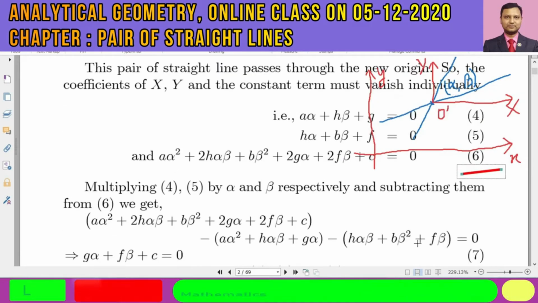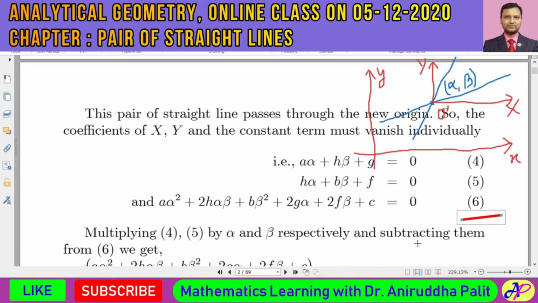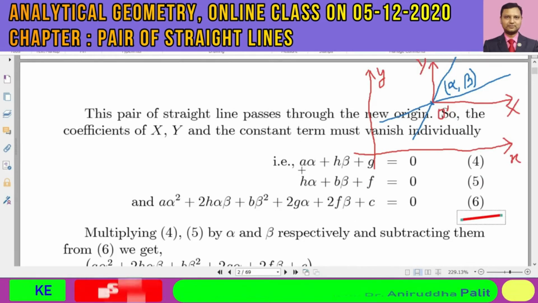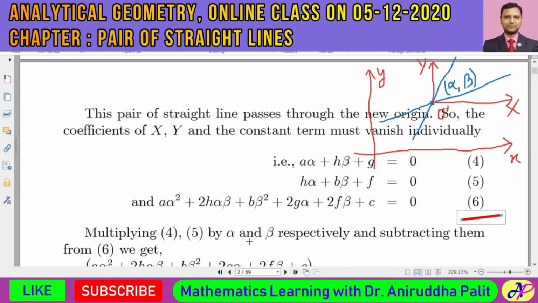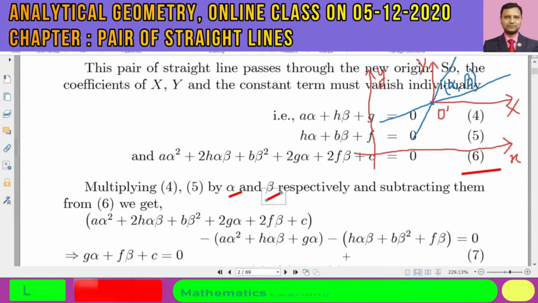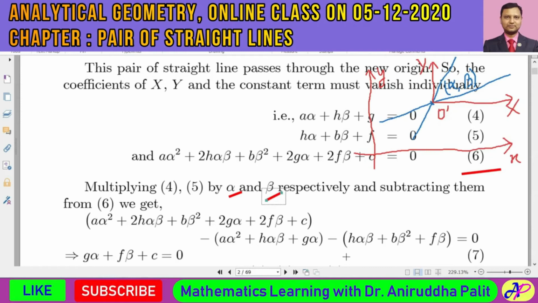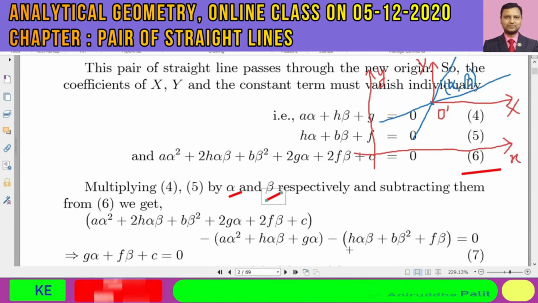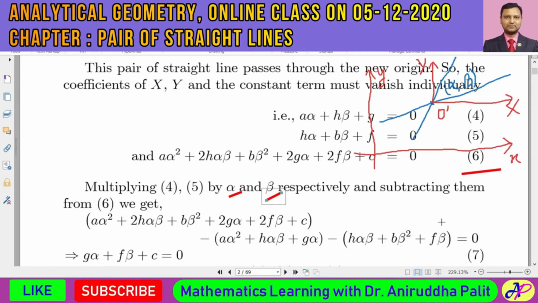What do we have? We are multiplying equation number 4 by alpha, and we are multiplying equation number 5 by beta, and then subtracting the multiplied quantities from equation number 6.